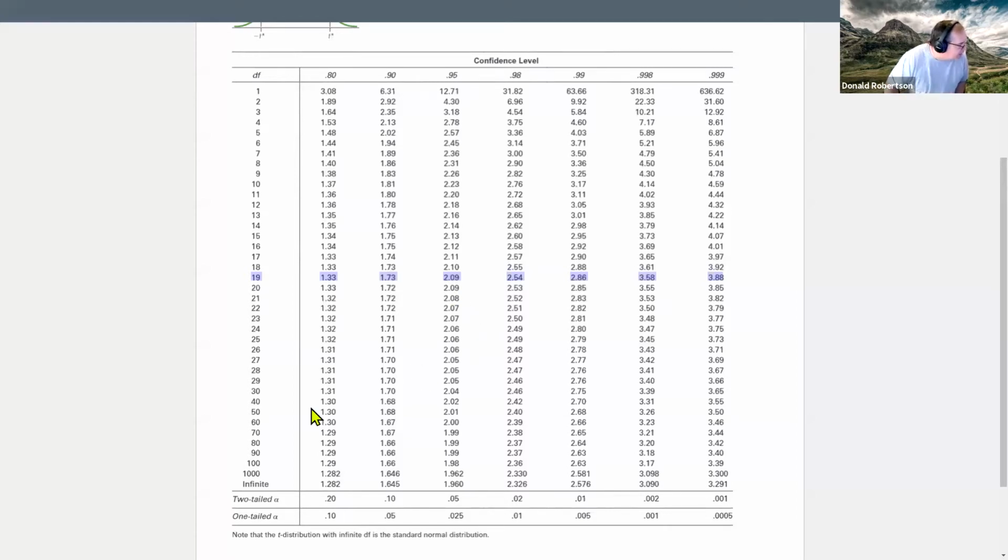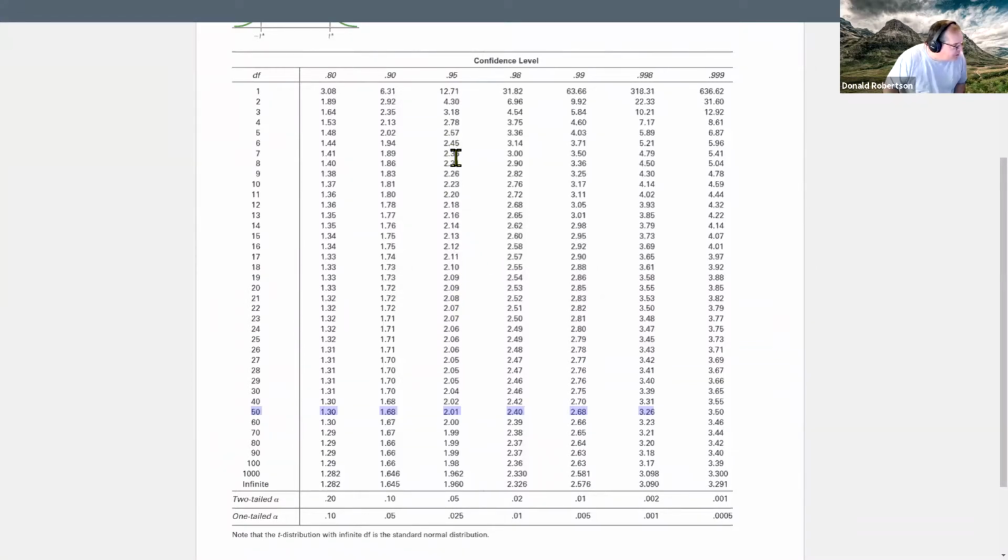Suppose I had, make it nice and easy, 51 numbers in my data. Then degrees of freedom would turn into 50, and it would be here. And can you see that my magic T-score has now changed to 2.01? If you read down the column, can you see how the magic T-score changes?